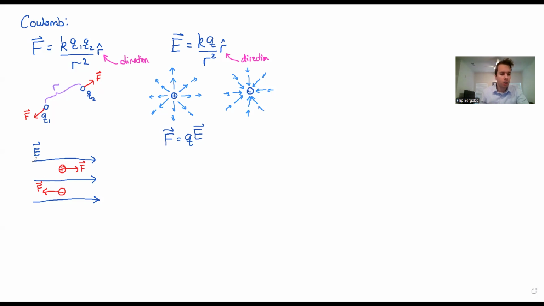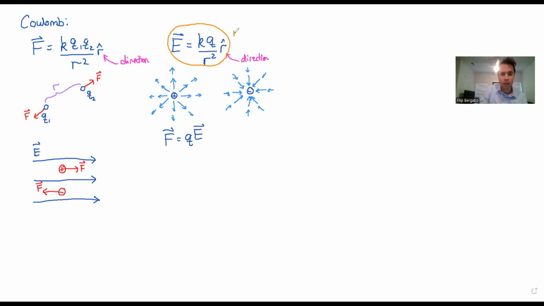Now, I do want to be clear here about something. Notice that this equation that we have for the electric field, this tells you how to calculate the electric field that is set up by a charge. So let me indicate here.